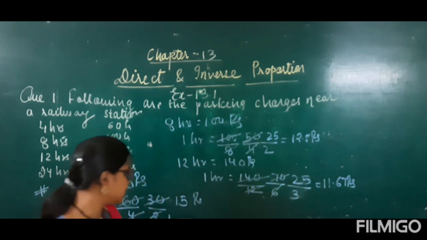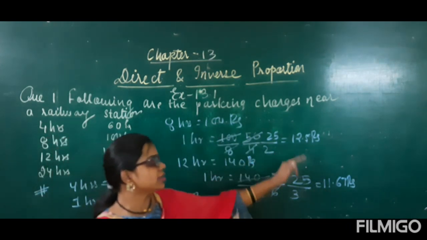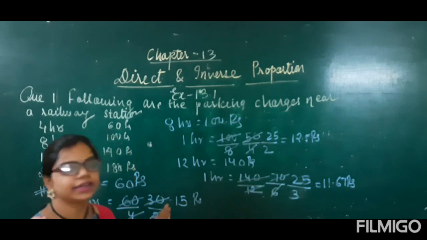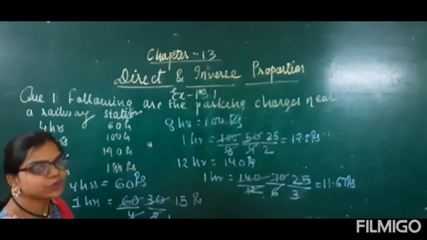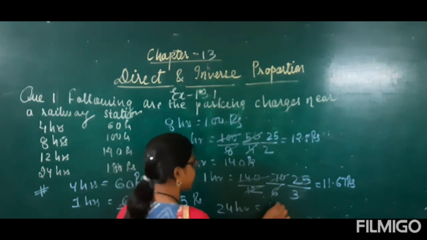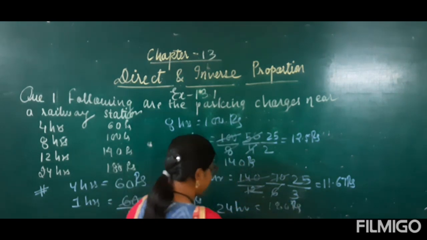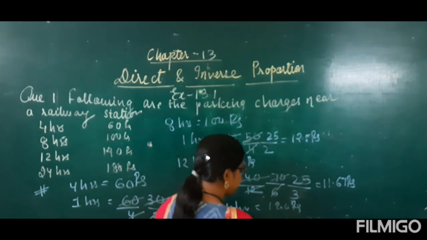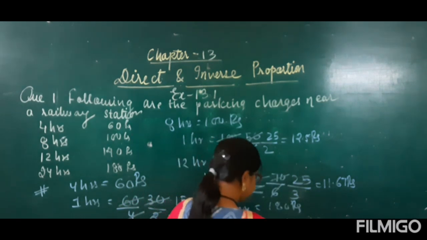You can see this charge, this charge and this charge are all different. So let's check for 24 hours. 24 hours is given as 180 rupees. So for 1 hour how much will it be? 180 by 24.